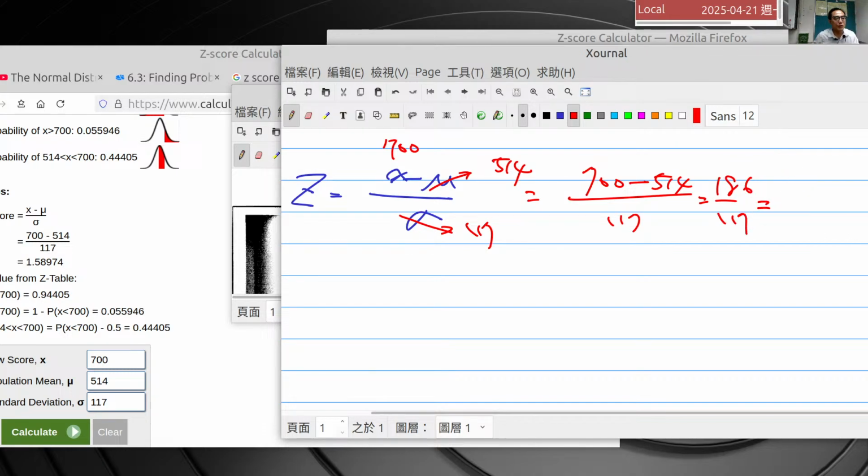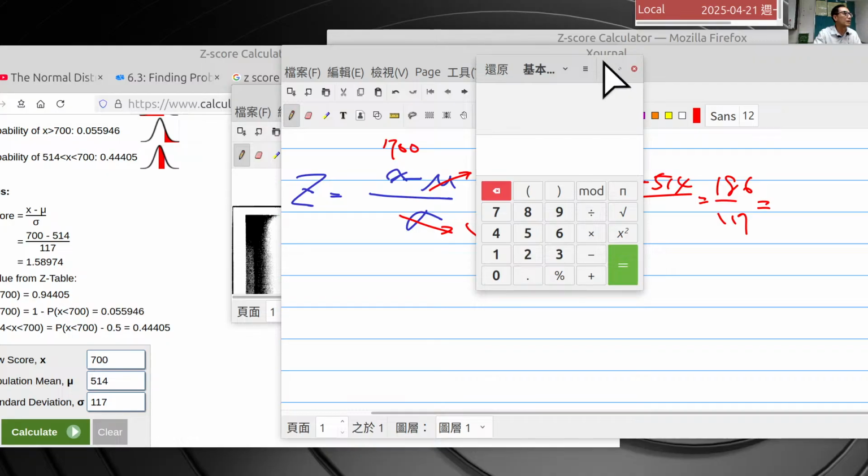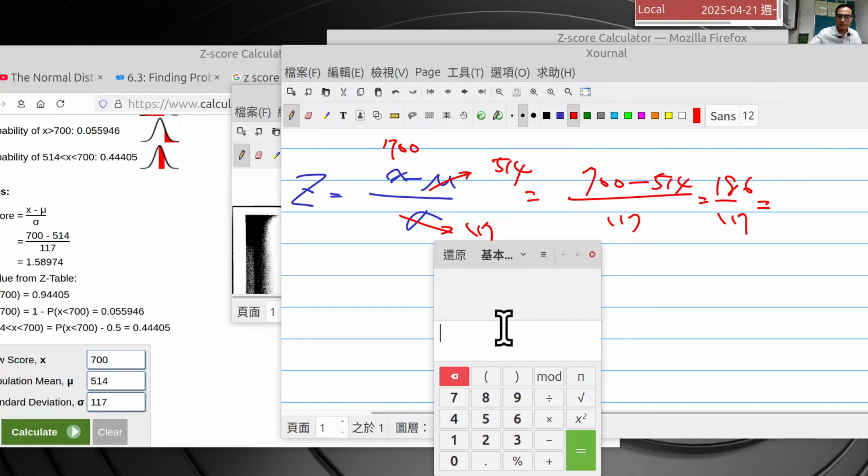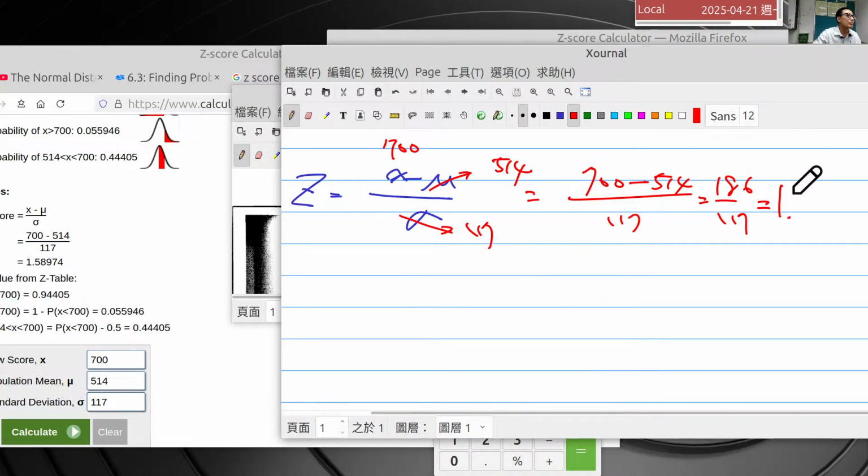Okay, I cannot calculate in my mind, so I use the calculator. The score is about 1.589.